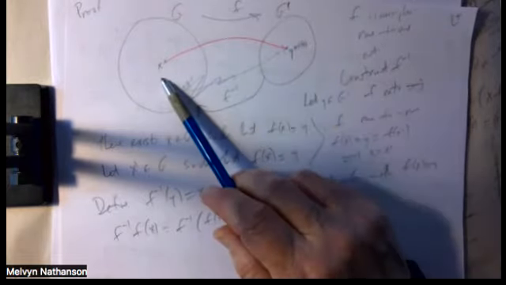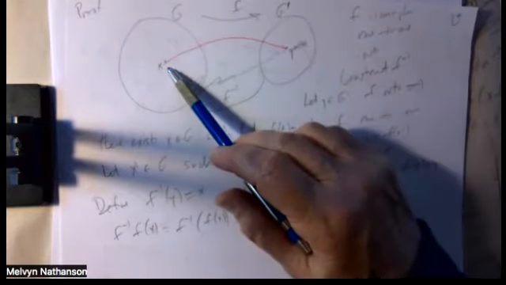And if I take f composed with f inverse of y, f inverse of y is the unique x that gets sent to y. So f times f inverse is the identity on G prime, and f inverse f is the identity on G.